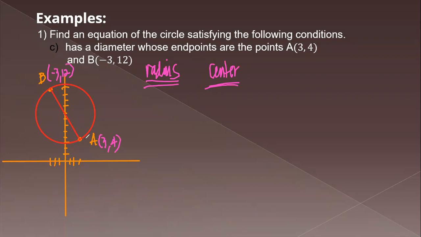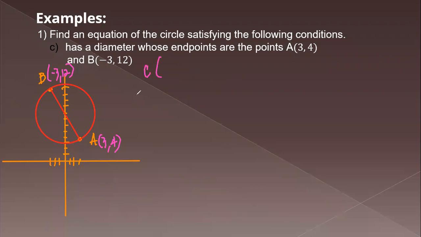Take note, class, that the center of the diameter is the center of the circle. So paano natin kukuhanin yung center between point A and point B? Middle point ang hinahanap natin, so we can use the midpoint.